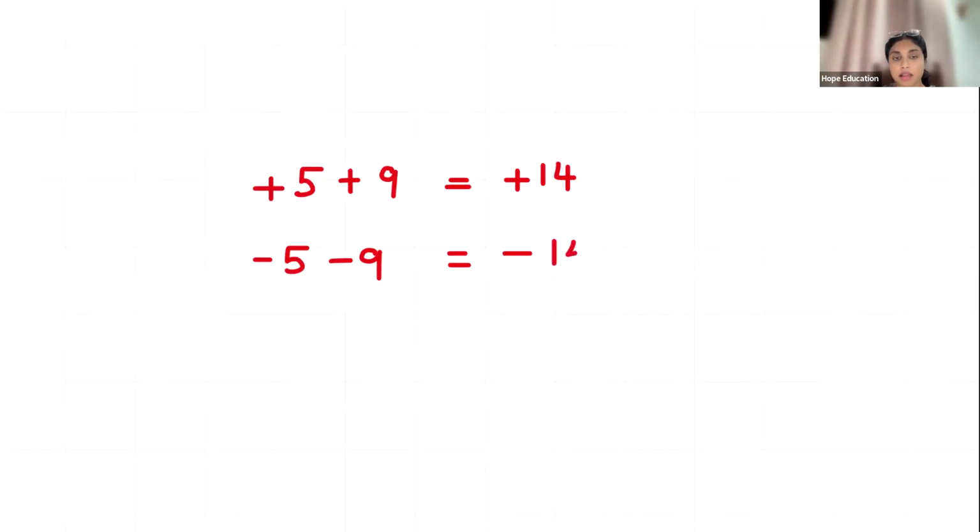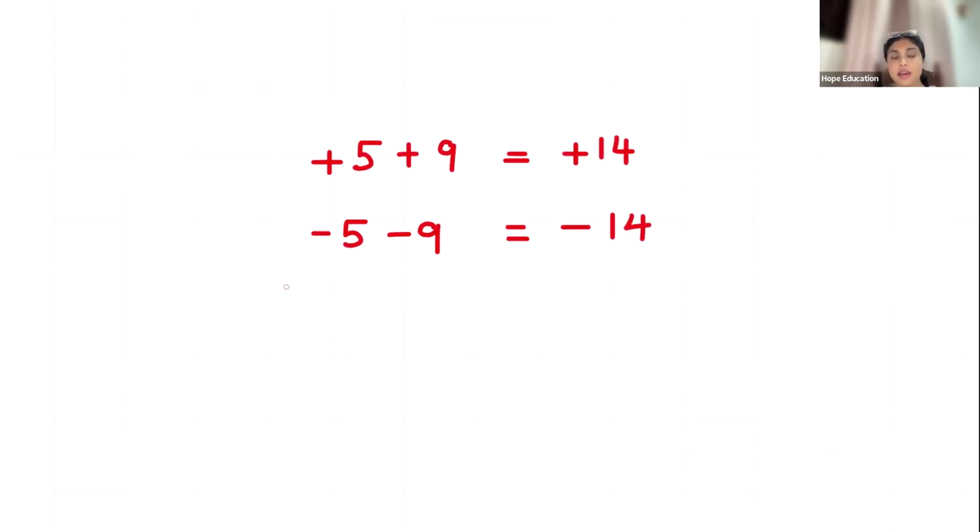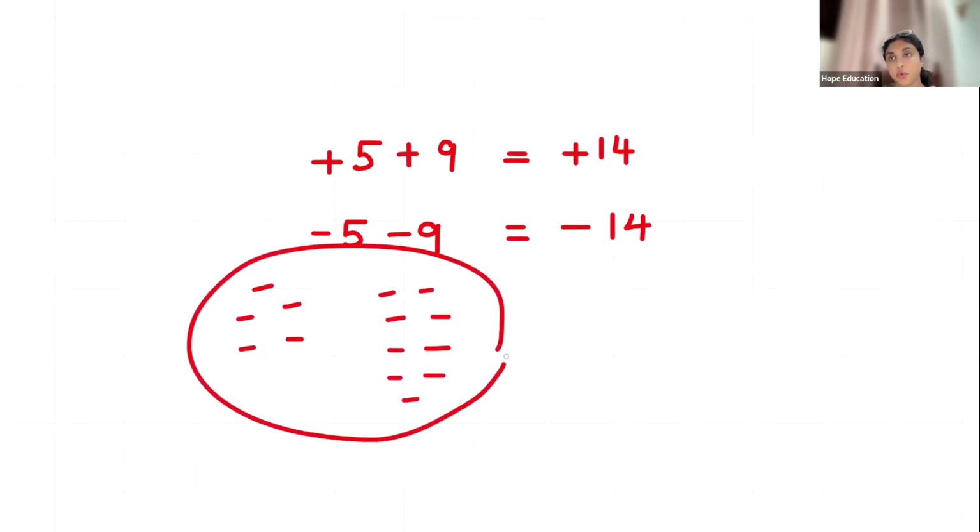I made a minus. If you visualize it, minus 5 means minus, minus, minus, minus, minus. There are 5 minuses. Minus 9 means there are 9 minuses. So altogether there are 14 minuses. That's why I put minus 14.